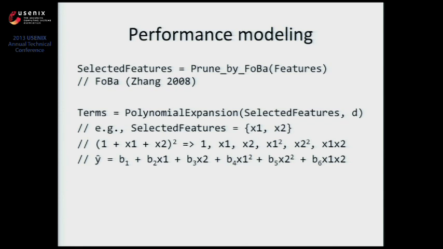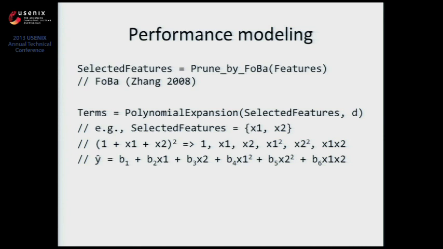Then our trick is we perform degree-d polynomial expansion of selected features to generate terms for the next regression. So for example, here we have selected features, x1 and x2. If we set degree d to 2, we expand (1 + x1 + x2) to the power of 2. And this gives us basis functions 1, x1, x2, x1 squared, x2 squared, x1 times x2.